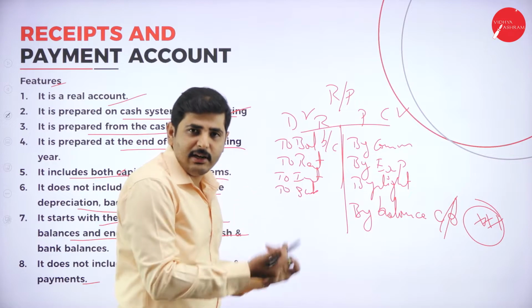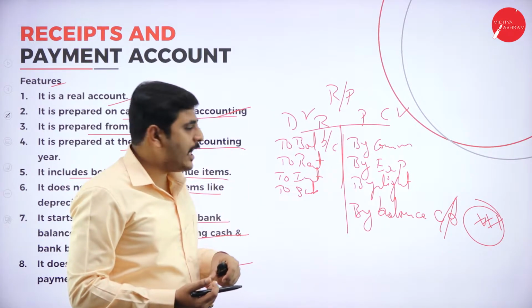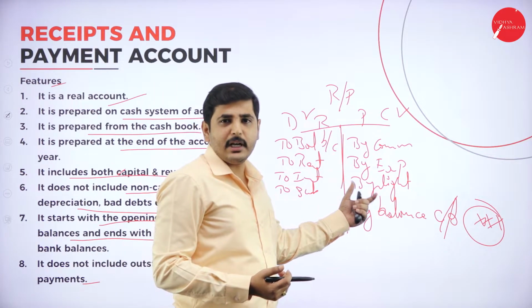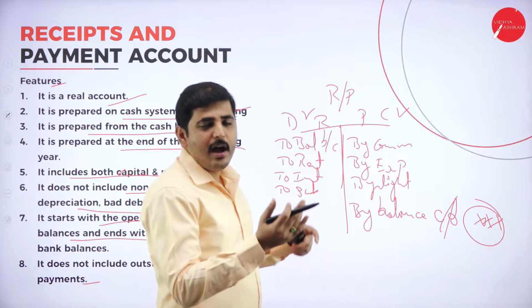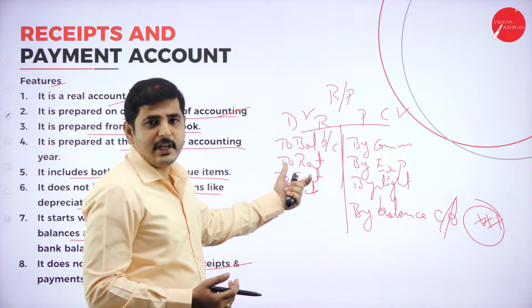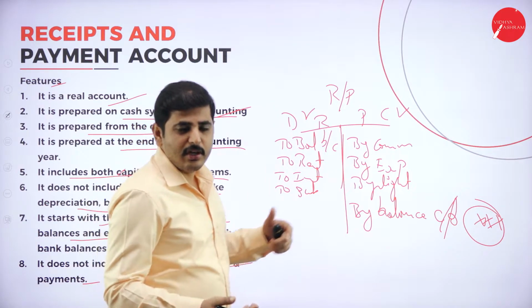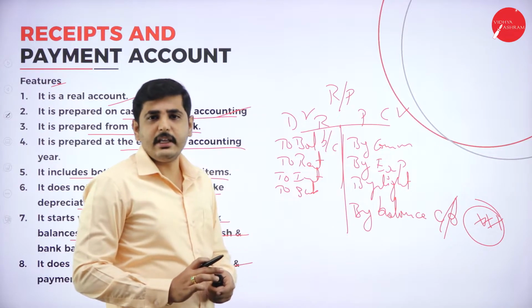Even though we have not received, it should be added as outstanding income. But in the receipts and payment account, items which are not paid, outstanding income or outstanding expenses will not come here. Any advance received or paid also comes here, but we cannot show outstanding items here.